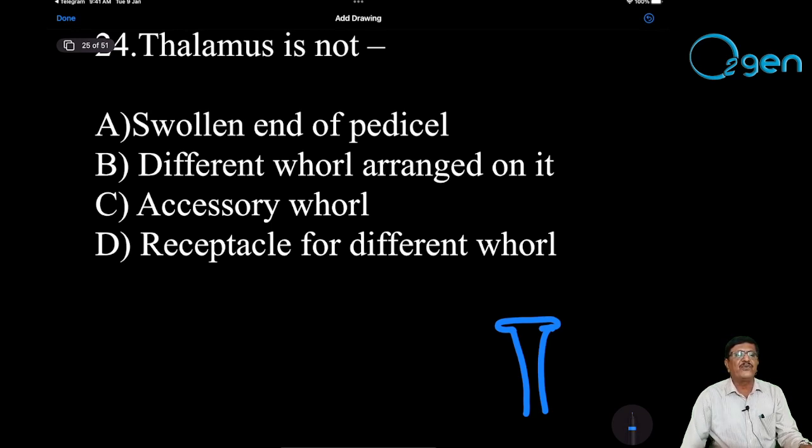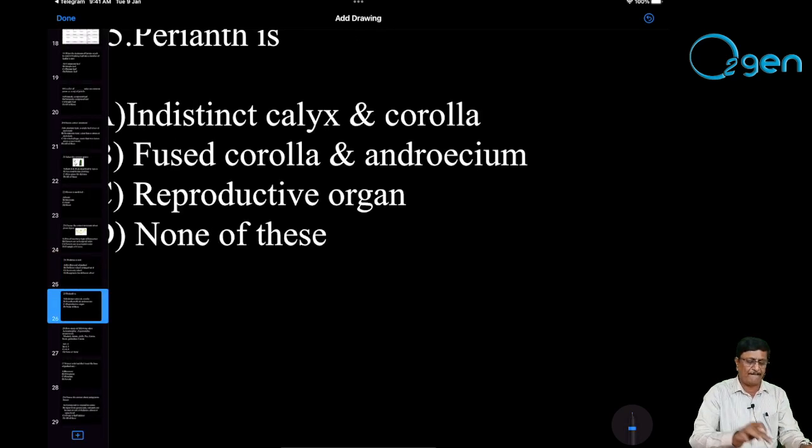Second, different whorls are arranged on it. Above this, the calyx, corolla, androecium and gynoecium, all 4 whorls are arranged. That's also correct. C, it is an accessory whorl. This is wrong. Only 4 whorls are there, no accessory whorls. So thalamus is not an accessory whorl. It is the seat of the flower and the swollen end part of the pedicel.